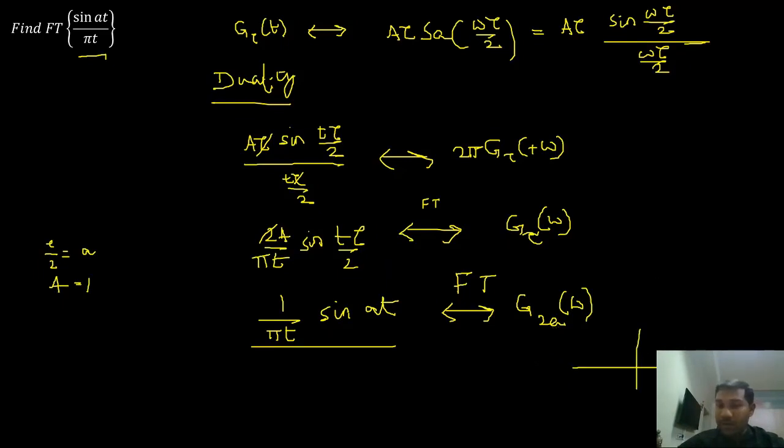So it looks something like this. That is a rectangle function from minus a to plus a. It's of amplitude 1. That is my final answer.